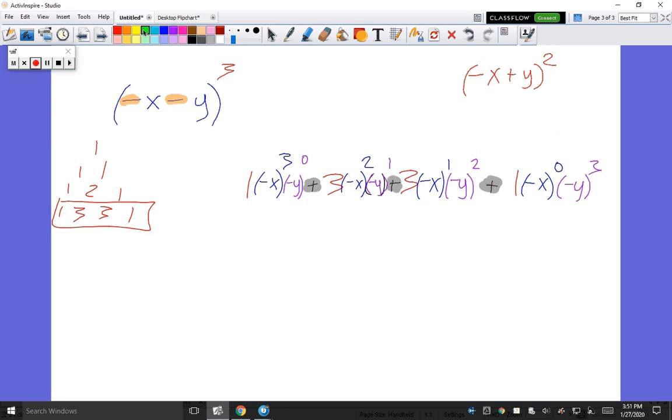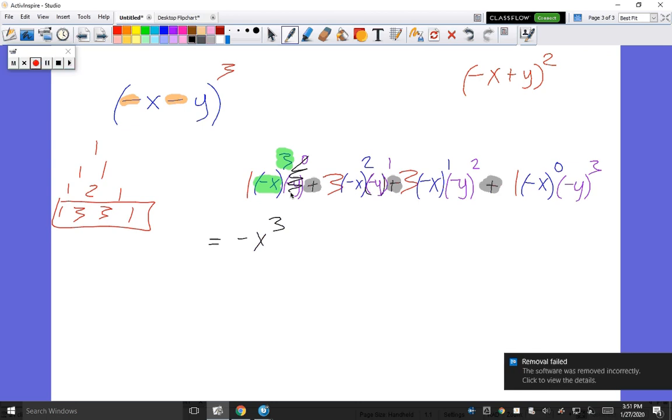So now we're going to look at negative x cubed is a negative. What's negative y to the 0? 1. Not negative 1, not 0, but a positive 1. So it's always been a positive one? Is there ever going to be a case where it's not positive one? No, anything to the power of 0 is a 1. So it's like, yeah, regular 1. It's almost like it's not even there.